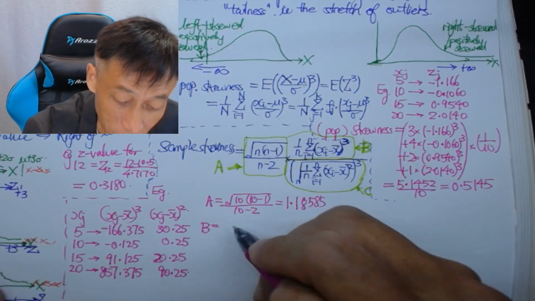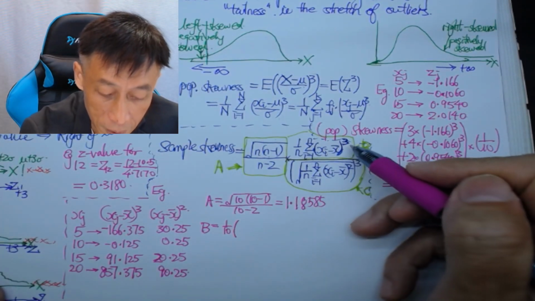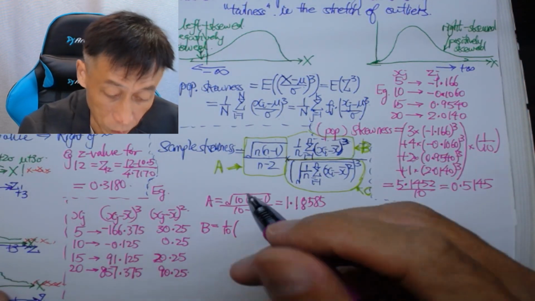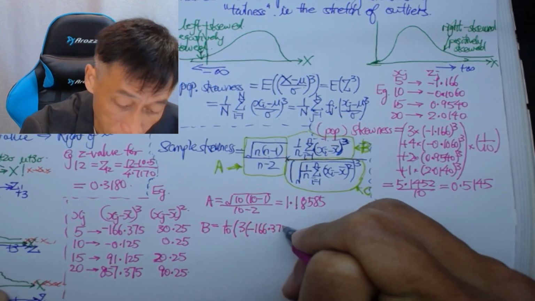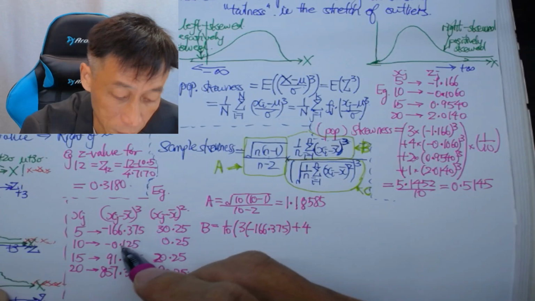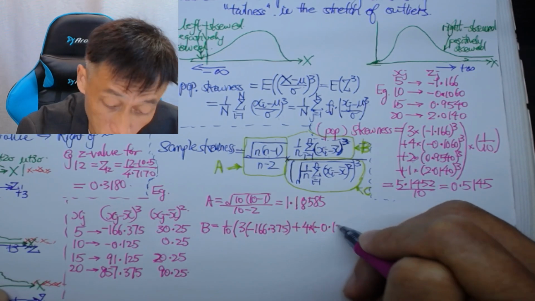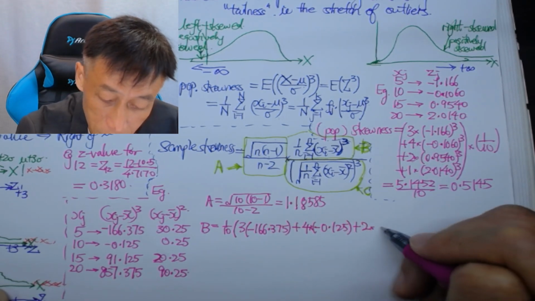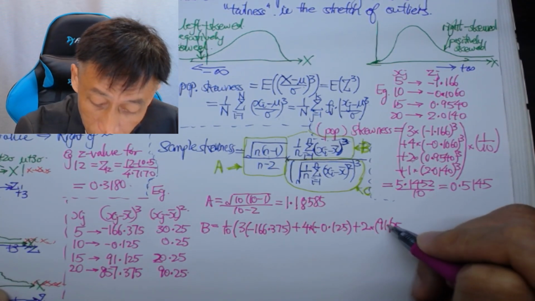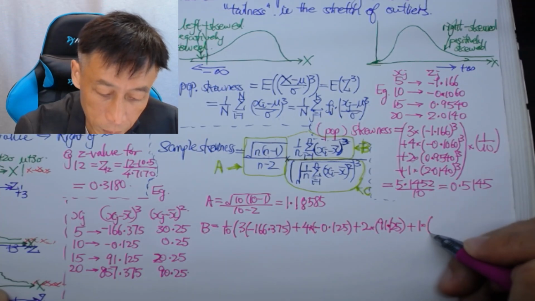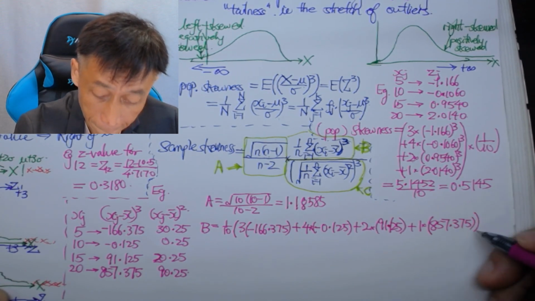So over here, it is 1 over 10 times, inside, 3 times the negative 166.375, plus 4 times the negative 0.125, plus 2 times 91.125, plus 1 times 857.37.